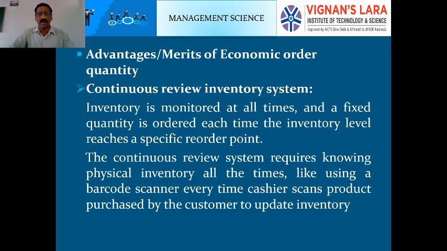Inventory is monitored at all times and a fixed quantity is ordered each time the inventory level reaches a specific reorder point. The continuous review system requires knowing physical inventory at all times, like using a barcode scanner every time the cashier scans a product purchased by the customer to update inventory.